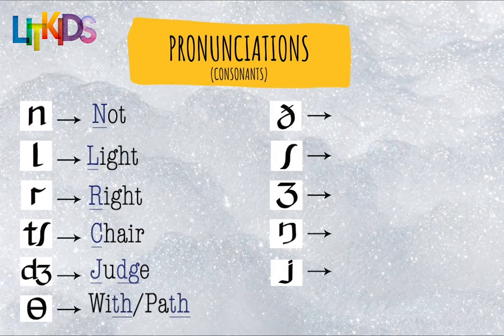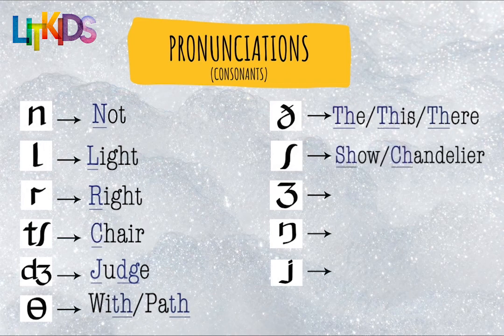Next, we have the soft th sound that you would find in the words with and path. You have the slightly more resonant th sound, which you find in the words the and this and there.